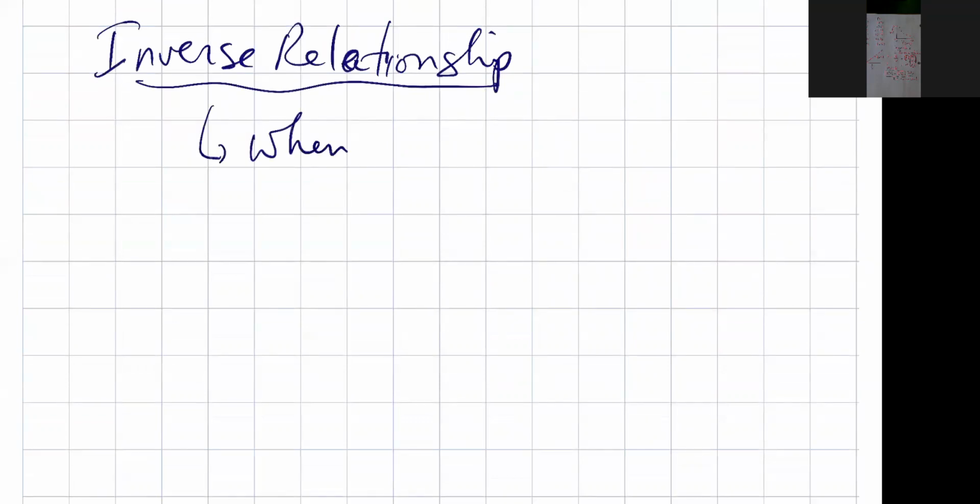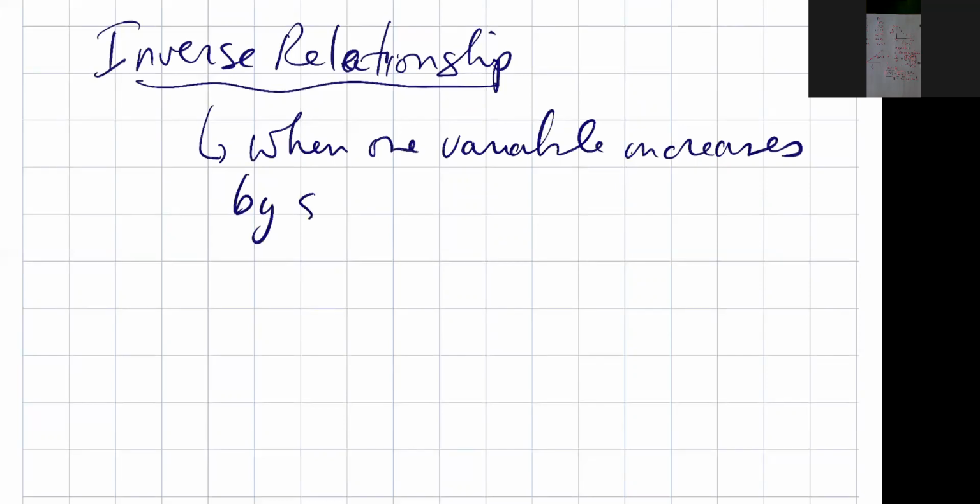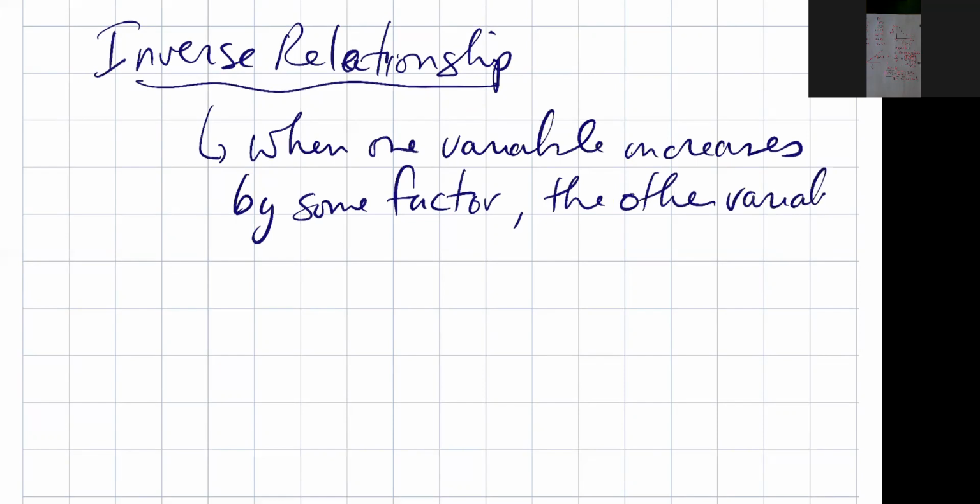Well, when one variable increases by some factor, so suppose your A value were to double, then the other variable decreases by the same factor.